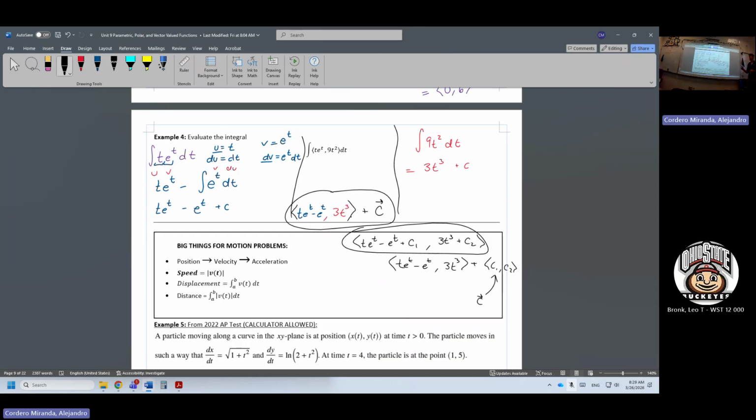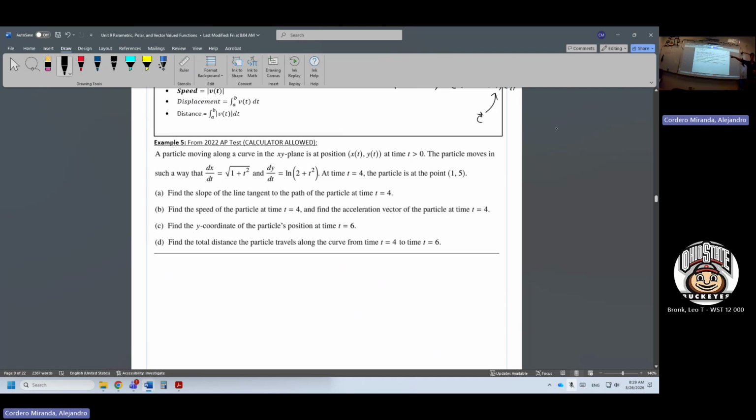All right, but speaking of the AP test, this example 5 is straight from the AP test, 2022 number one, which was the year before I made this section of notes.